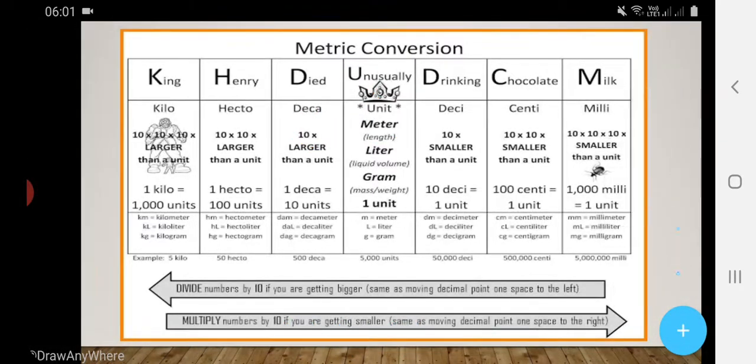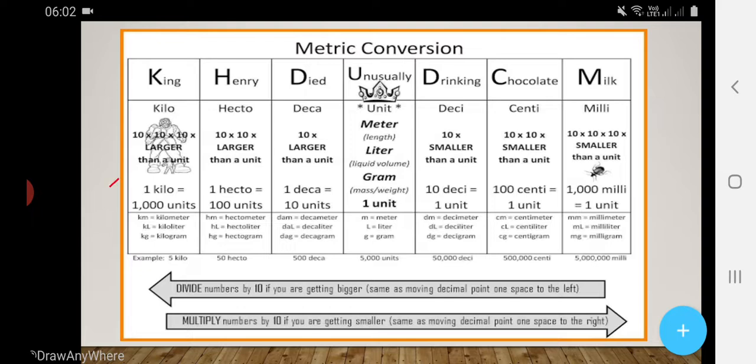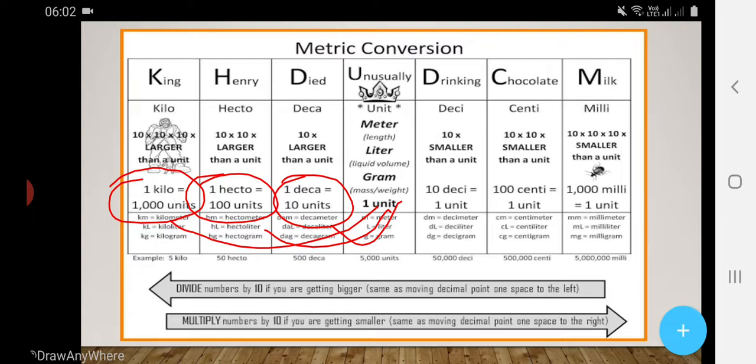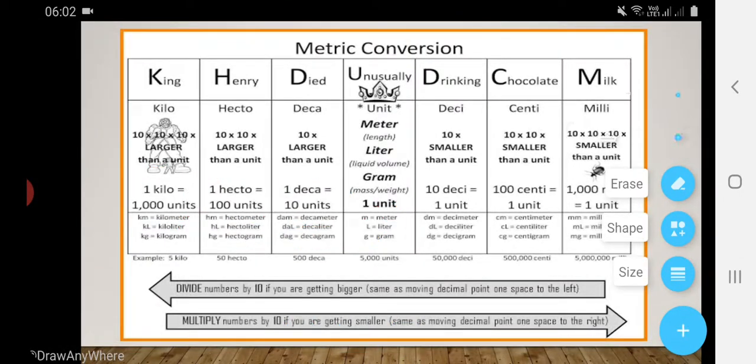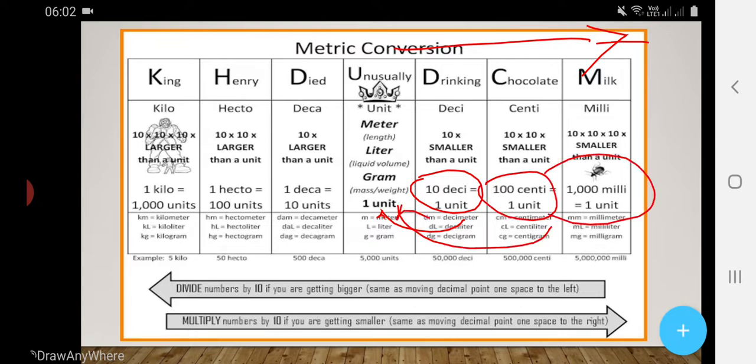I think it is clear to everybody. That is written here: 1 kilo is equal to 1000 unit, 1 hecto is equal to 100 unit, 1 deca is equal to 10 unit. Now, if I want to go this side, what happens? 10 deci is equal to 1 unit, 100 centi is equal to 1 unit, 1000 milli is equal to 1 unit.